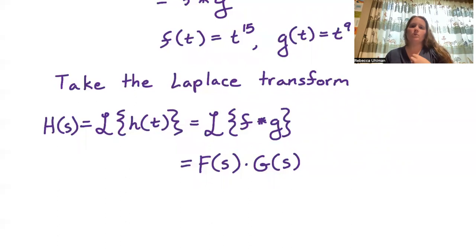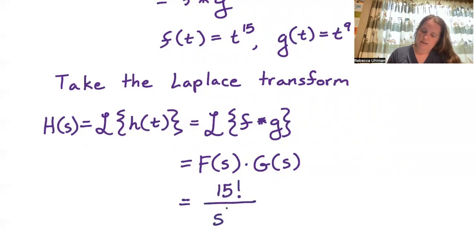The Laplace transform of t to the 15th is 15 factorial divided by s to the 15 plus 1, or s to the 16th. The Laplace transform of t to the 9th is 9 factorial divided by s to the 9 plus 1, or s to the 10th.